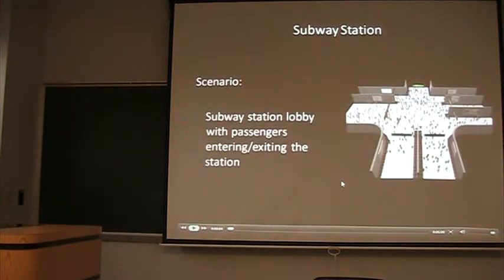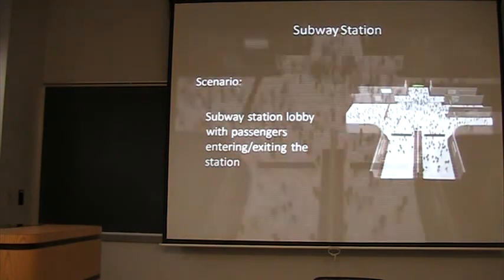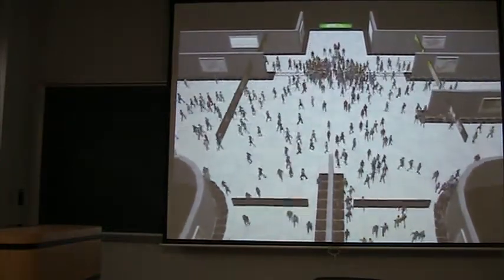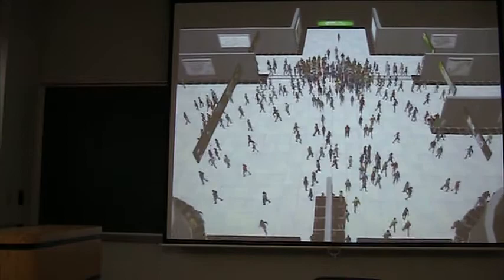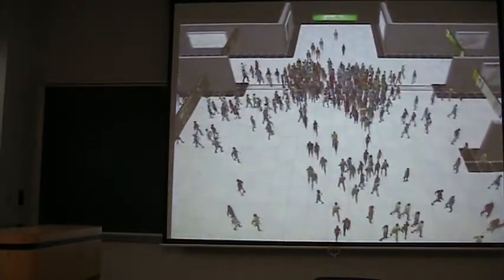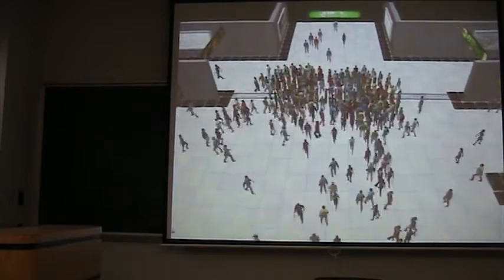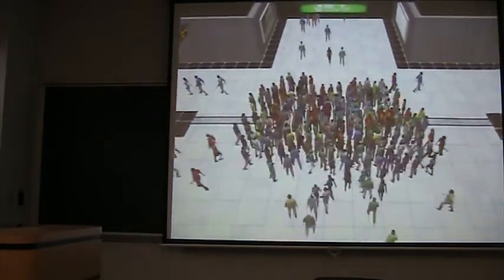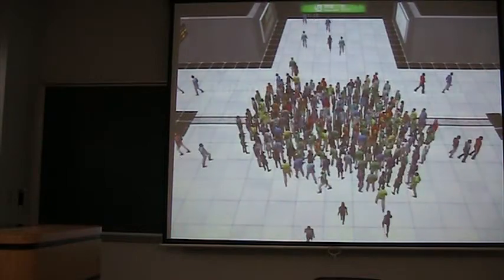This scenario shows a subway station with people entering and exiting the station. We use a local collision avoidance mechanism based on reciprocal velocity obstacles with a naive global path planner for this particular simulation. Please note that the simple agent-based models operate in a local scope, resulting in congestion at the turnstiles. Such behavior is clearly undesirable.